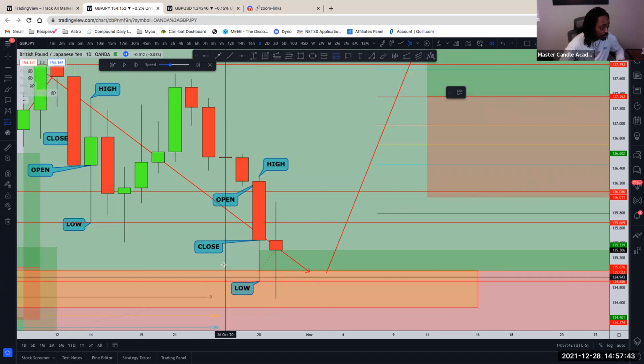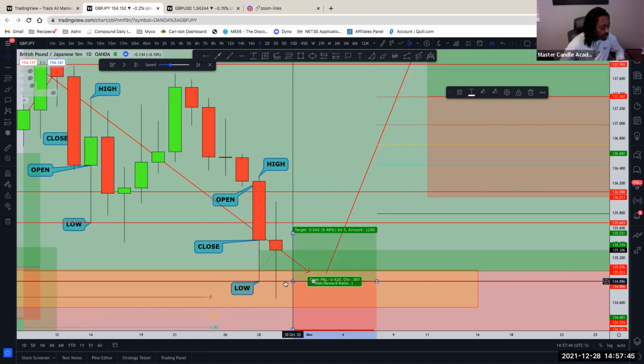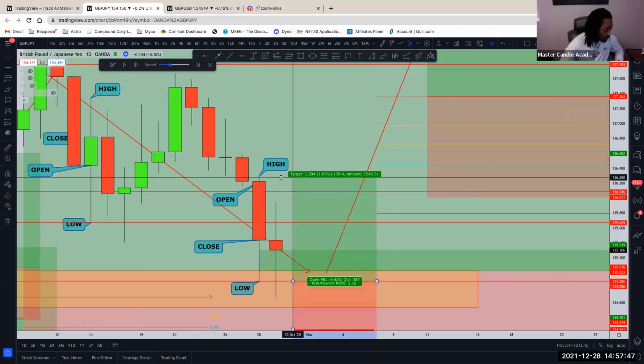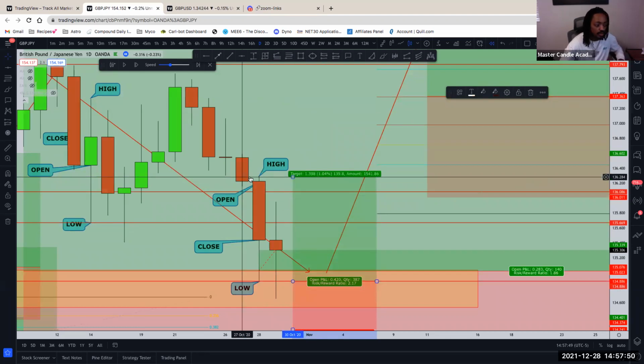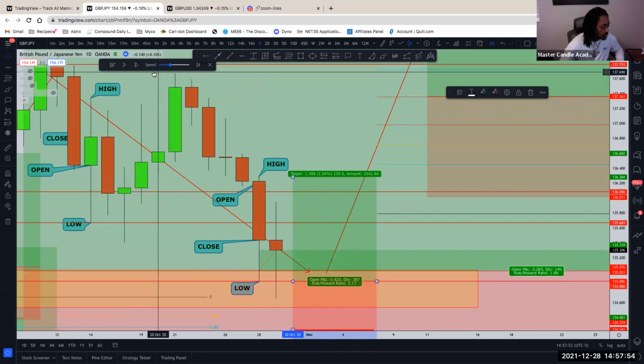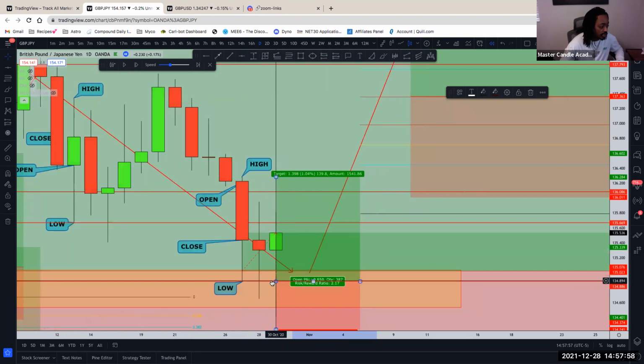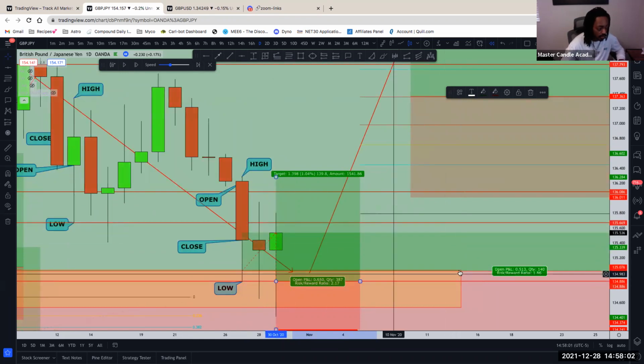Let's see what would happen if we just did that. If I had a buy limit right here, my take profit is simply the previous high. That's all I'm looking for. The market would have wicked this in, and I would currently be in profit.